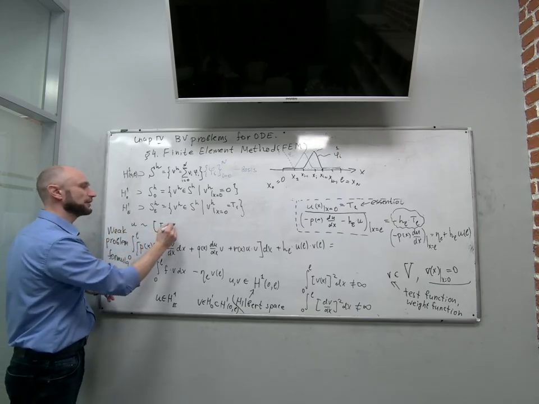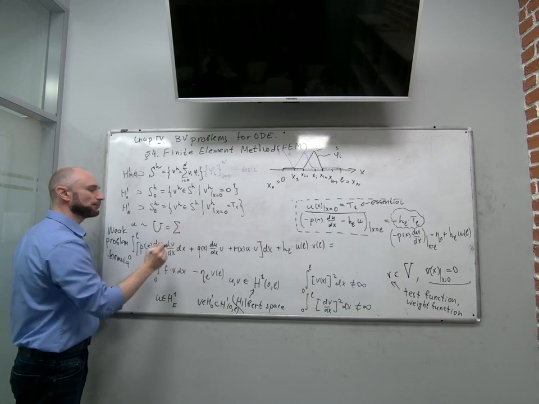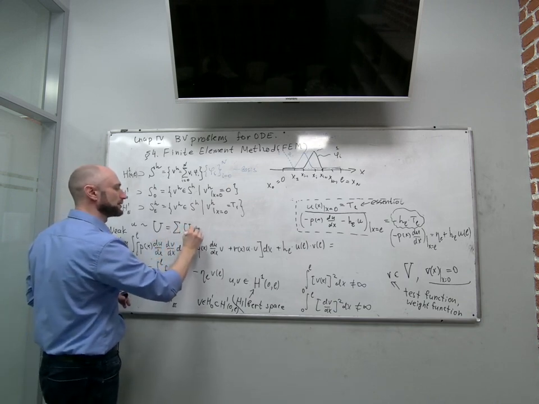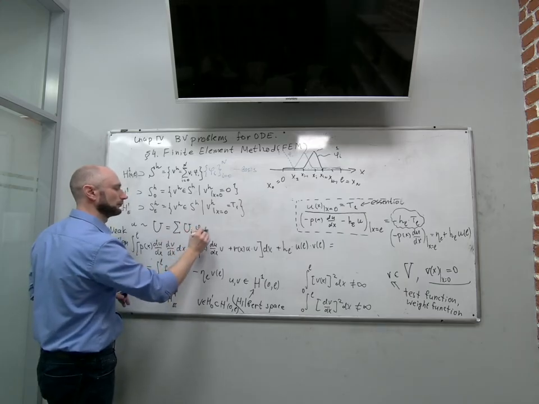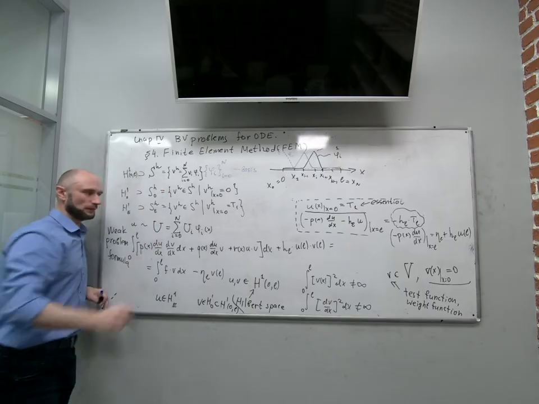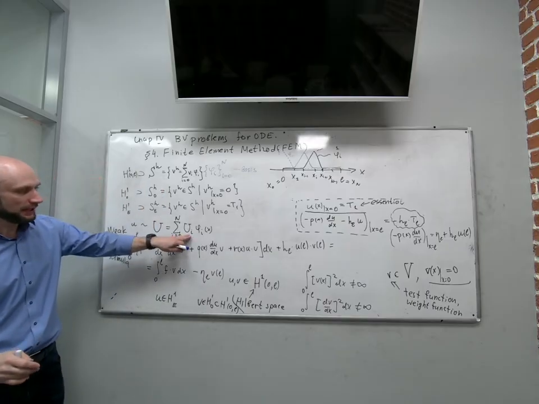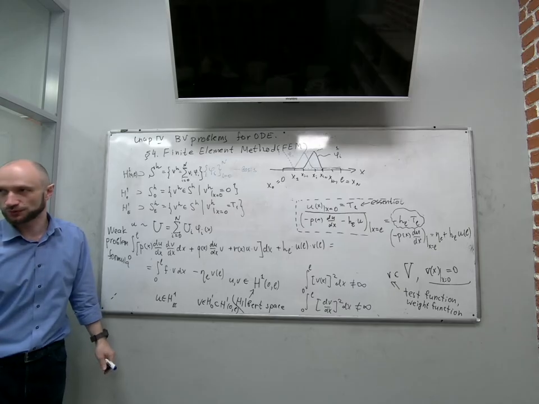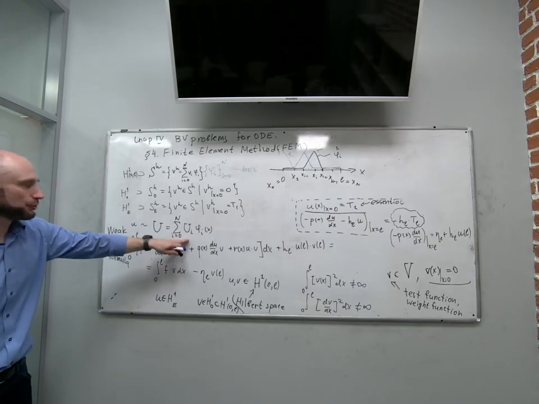We need to construct an approximation, and this approximation will be constructed like this. It will be a linear combination of the basis functions that we chose. What should we do next?